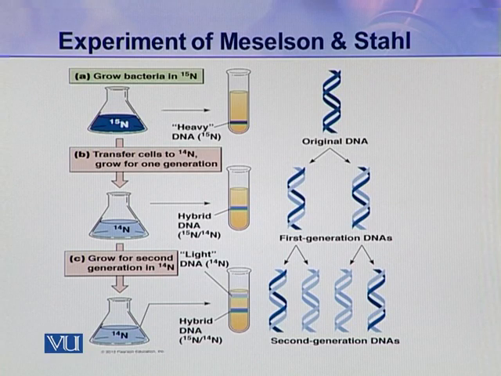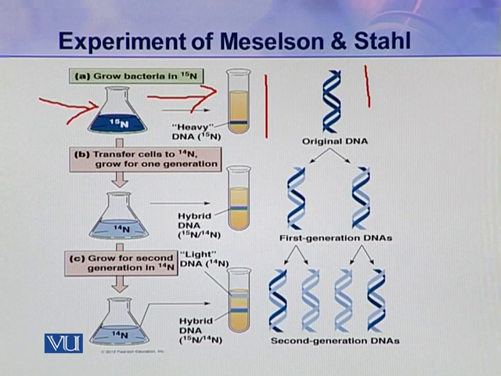In this experiment, they first grew the bacteria E. coli in a medium that contained N15. After several generations, they took the DNA and centrifuged it. After centrifugation, they observed that all the DNA contained N15, that is, the DNA was heavy DNA.